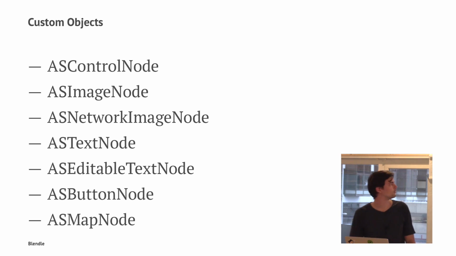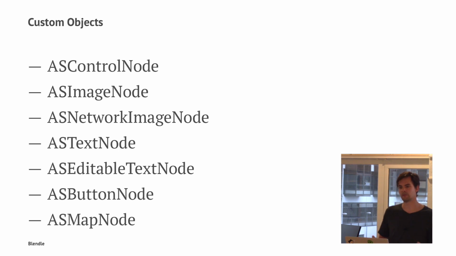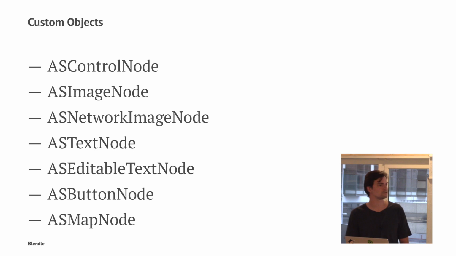A subclass of the image node is ASNetworkImageNode, which you can basically give a URL and it will start fetching an image if it's necessary. It also handles a lot of automated caching, but you can also very easily hook up your own custom caching implementation. And there's also a lot of other components.